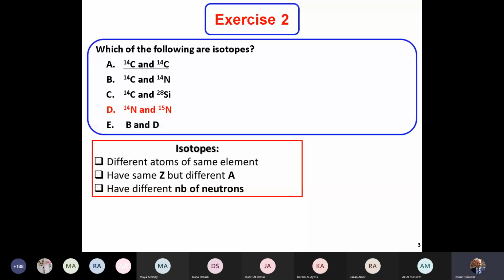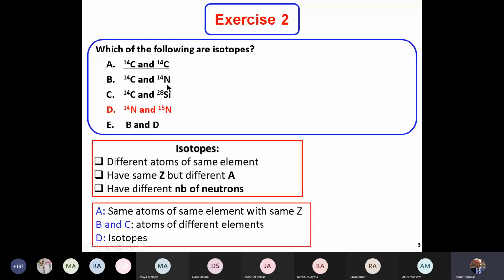Carbon 14 and carbon 14 are atoms of the same element with the same A. So A is incorrect. B, carbon 14 and nitrogen 14, is incorrect because we have atoms of different elements.